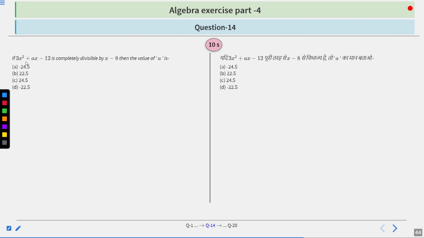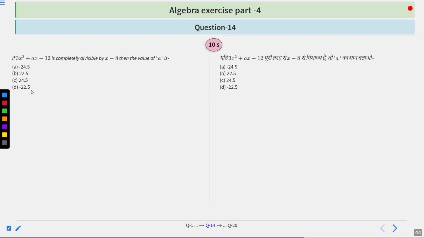Next, if 3x square plus ax minus 12 is completely divisible by x minus 8, then the value of a is: option A minus 24.5, option B 22.5, option C 24.5, and option D minus 22.5.